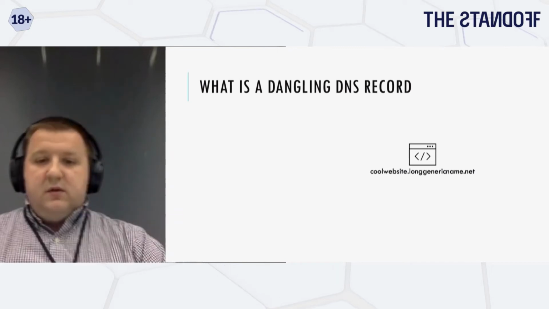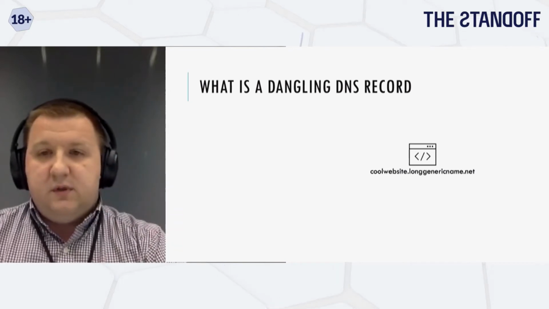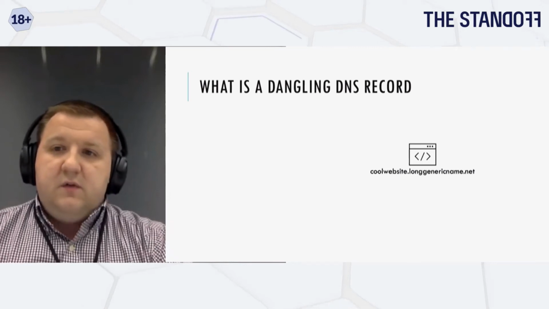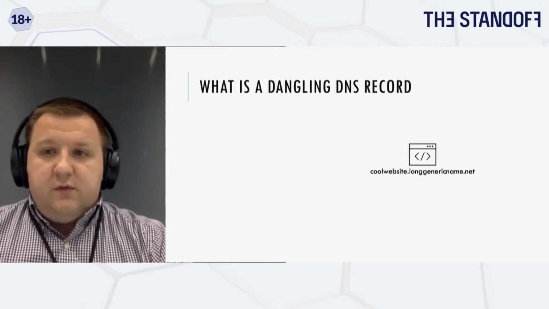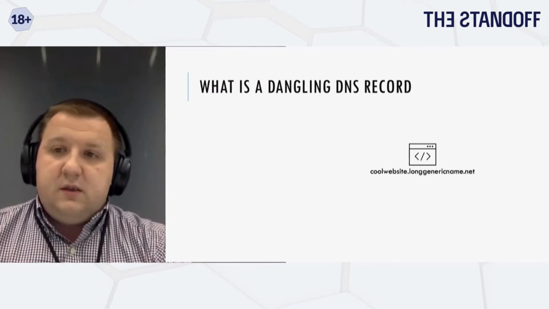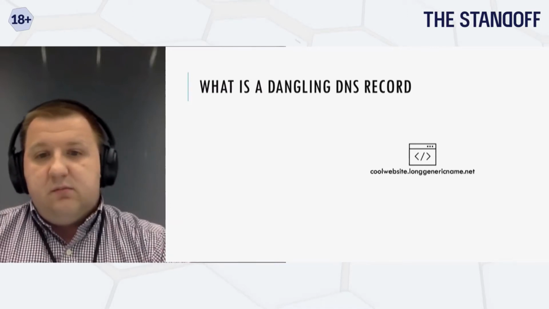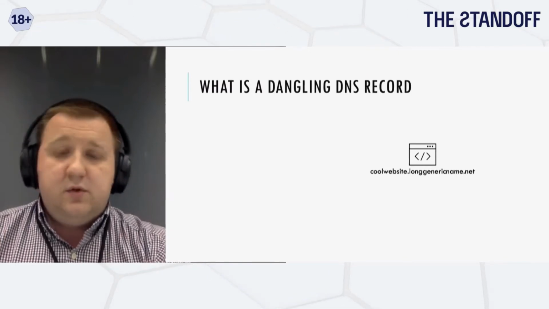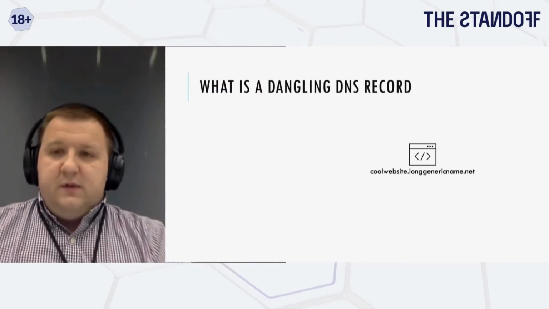Usually platforms like this invite you to use either a random name or a very long name which is hard to read. They usually tend to be third or fourth tier names. Something like I have here in the slide, coolwebsite.longgenericname.net.